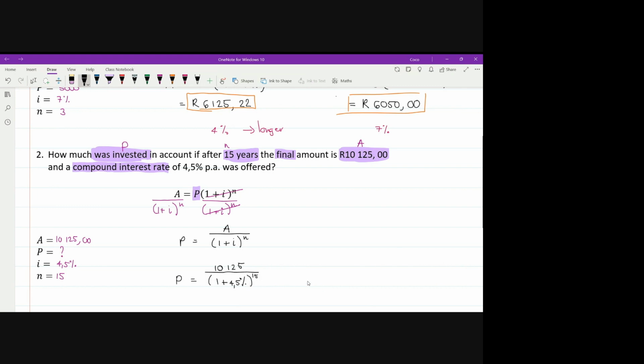Let's put that into our calculator. Somebody give me an answer, please. What do we get?